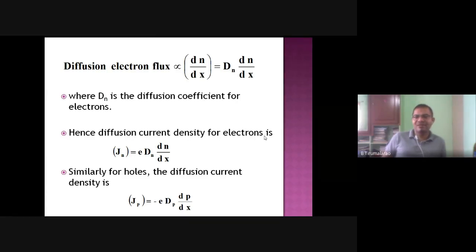Hence the diffusion current density for the electrons, I can write, where small e is the charge of electrons. Similarly, for the holes, the diffusion current density is Jp equal to minus e Dp dp by dx.